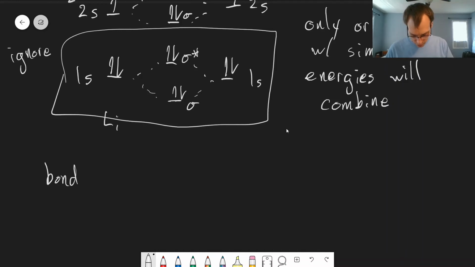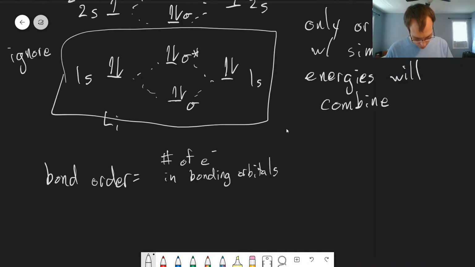All right, so the bond order is given by the number of electrons in bonding orbitals minus the number of electrons in antibonding orbitals.